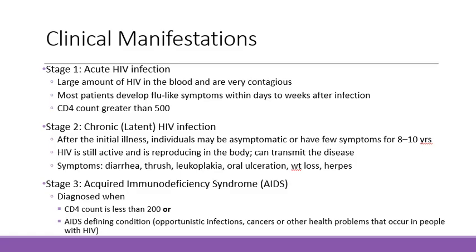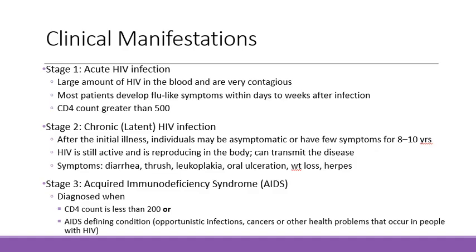These are often mistaken for flu-like or other viral illnesses, and people really don't think anything about it. These patients' CD4 counts are greater than 500, which is a normal CD4 count. So you get exposed, you have some flu-like symptoms, you think, I just got a little sick, and then you don't have anything else happen.